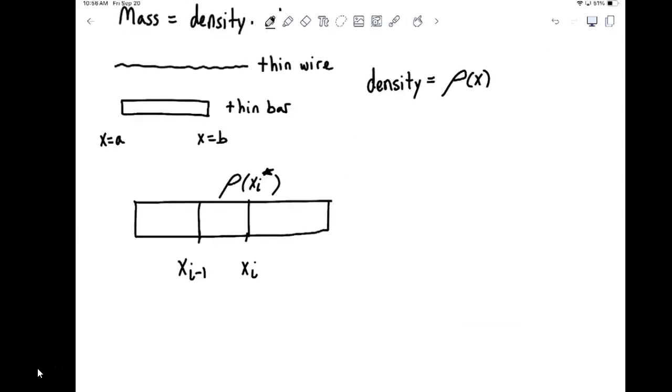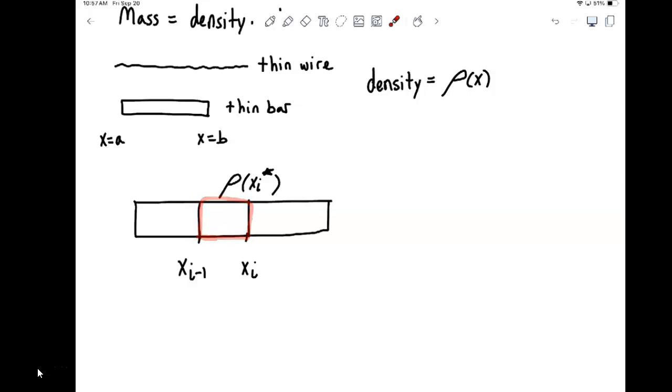We would say for this interval, the density is probably going to be about the same, since it's going to be a small interval, and we're going to eventually let the limit go to infinity. So we estimate it with just the value of the density there. And then we have to multiply that by the length of the interval.